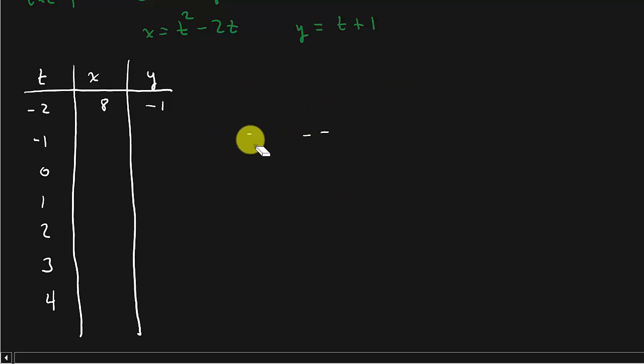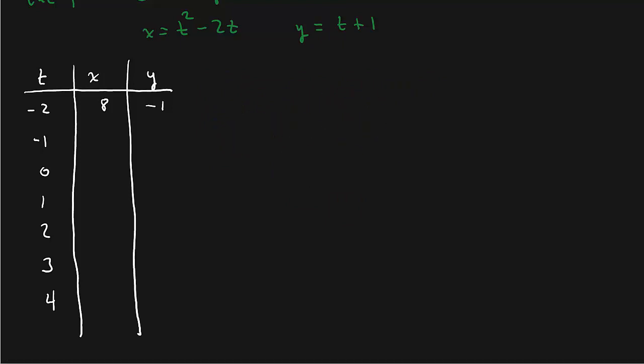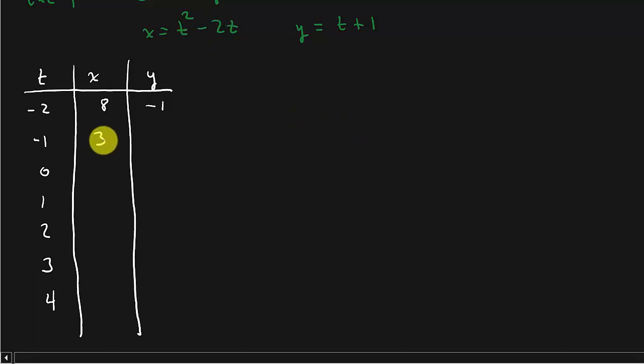So let's just do that real quick. We plug the -1 in for t here. That's going to give us 3. Plug the -1 in for t. That's going to give us 0. And then we plug the 0 in for t right here. That's going to be 0. Plug the 0 here. That's going to give us 1. And then we plug the 1 in. That's -1.